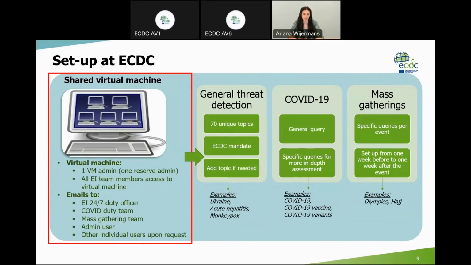And this is, for example, done when the Ukraine situation was happening, or for the acute hepatitis or the monkeypox situations. We also have specific queries focusing just on COVID-19, because here we found that one query for this topic is not enough, because COVID-19 has been such a big topic and spoken about a lot, that we felt the general topic of COVID-19 did not always provide enough specific details.